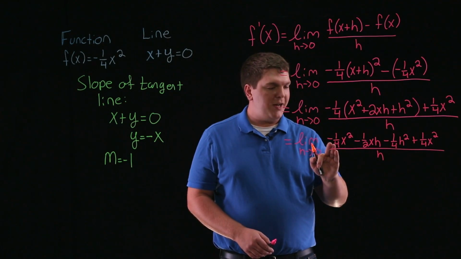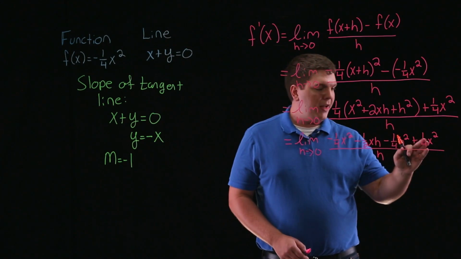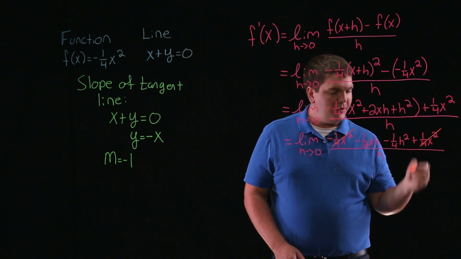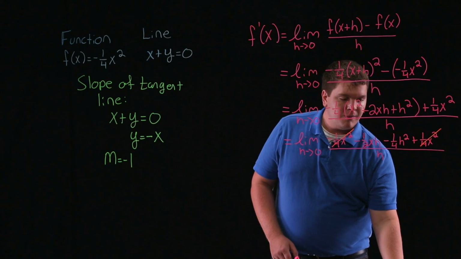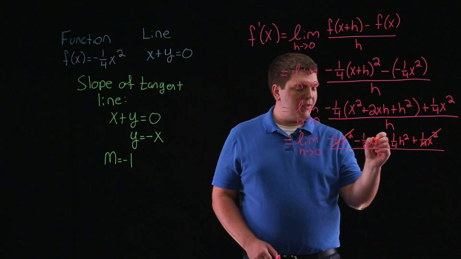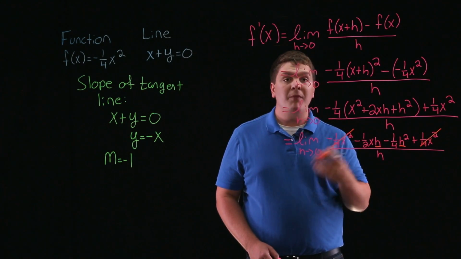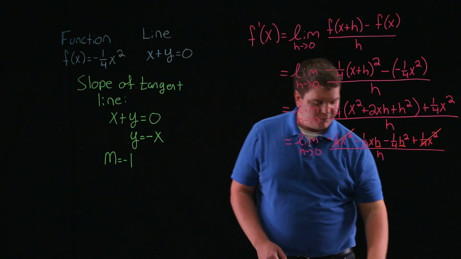Here we see we have a negative 1/4 x squared and a 1/4 x squared, so these two terms will cancel. Let's also note that in each of these middle two terms, there's a factor of h. So we can factor out an h from each of these terms.